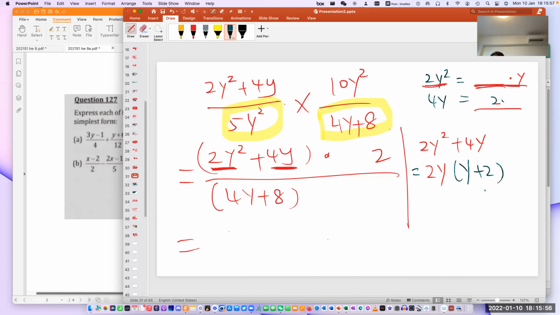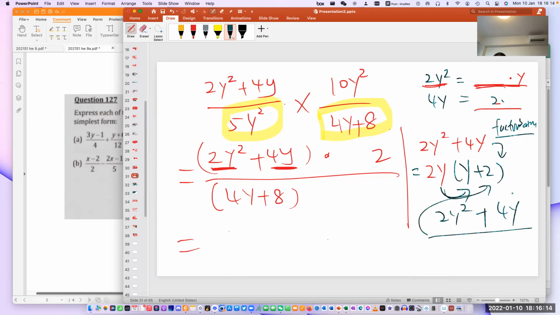So you have done factorization already. This is called factorization. You can test whether you have factorized correctly. Open it again. Can you see that you end up with the same answer? You end up with the question. If you end up with the question, that means your factorization is successful and correct.